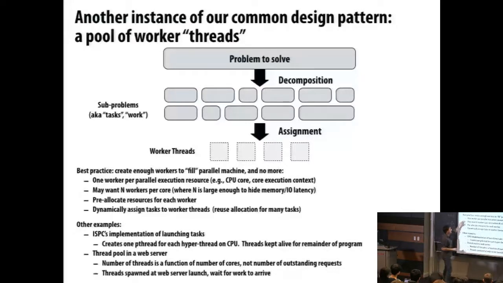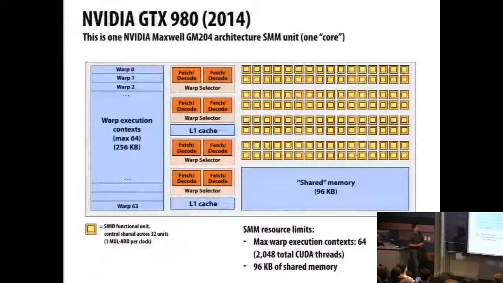We saw that in ISPC's launching tasks. You probably did that with your thread pool in your proxy. And you'll see it again over and over in this class: as long as there are independent things to do, let's not take the overhead of allocating new resources and booting up new workers for every single one of them.